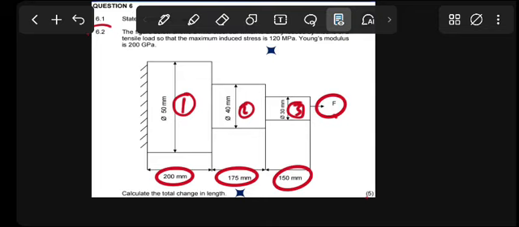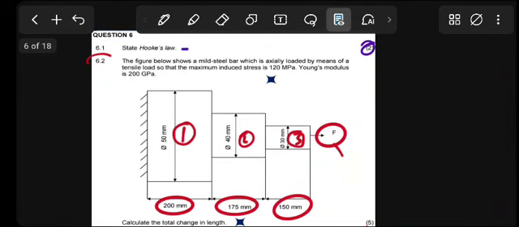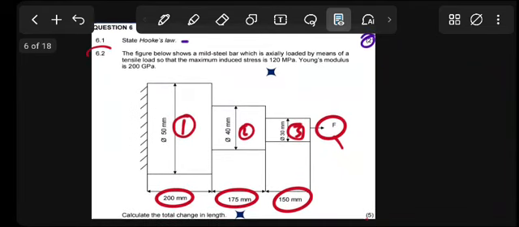We don't know this, guys, so we have to get that force there.